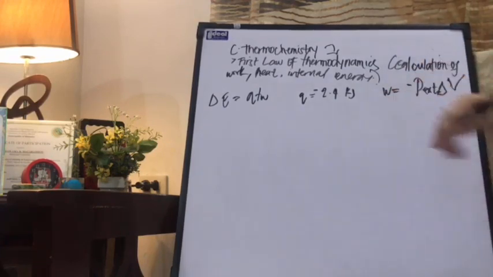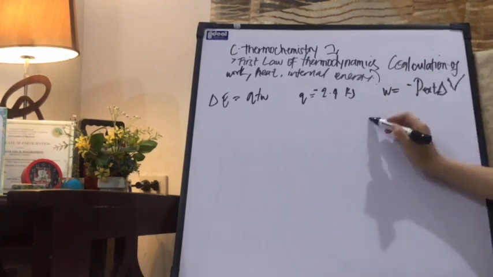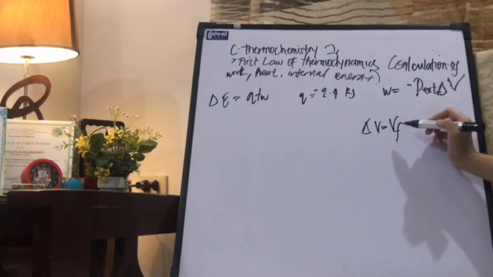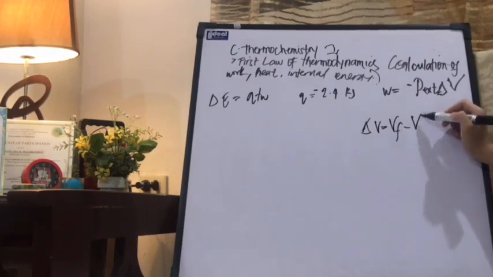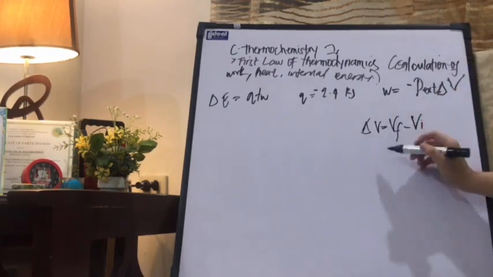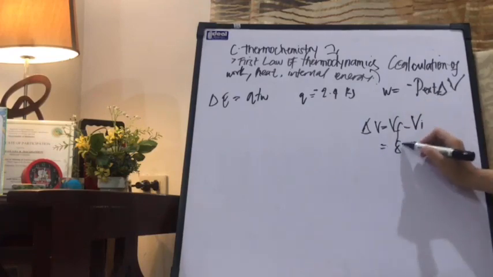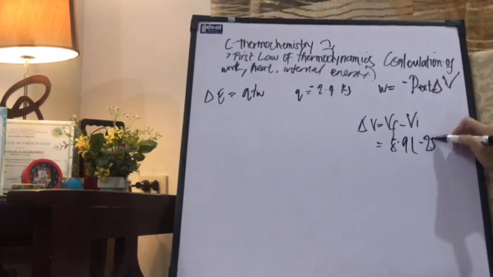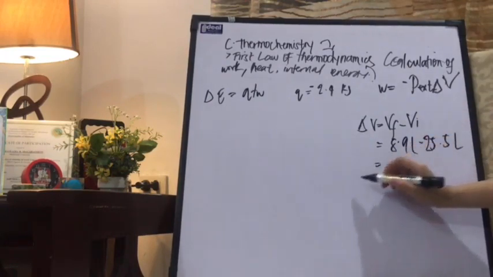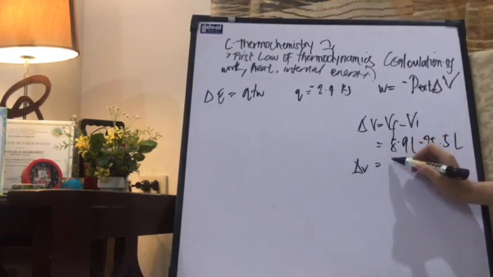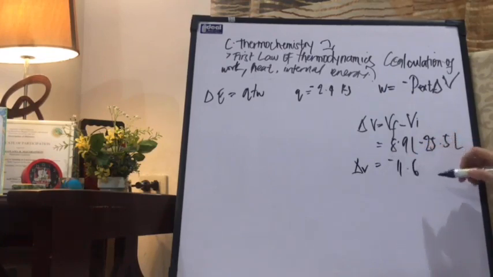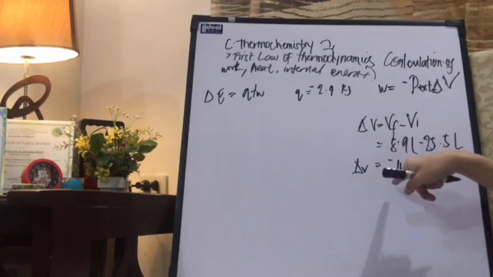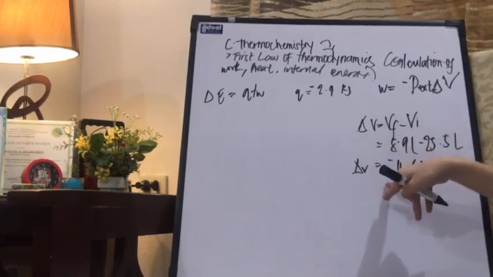So the change in volume is equal to the final volume minus the initial volume. Our final volume, 8.9 liters, minus 20.5 liters, so the change in volume is equal to negative 11.6 liters. When the gas is compressed, delta V is negative. If expanded, delta V will be positive.